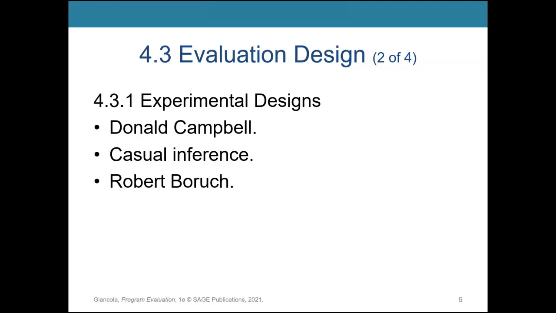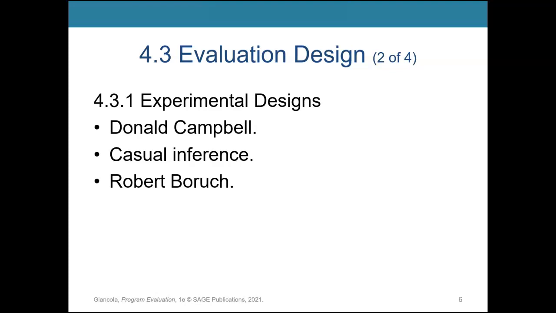So this is the gold standard for being able to determine causality, whether your program causes certain outcomes or not. If you can create two groups that are identical, other than the fact that the program has been administered with one group and not the other, then you know that any differences you see in the group will be because of the program, not some other confounding factor.